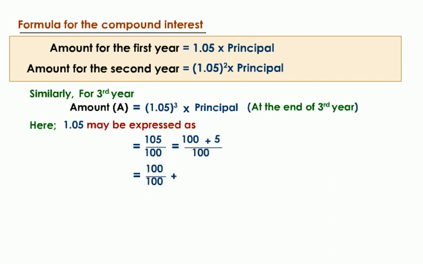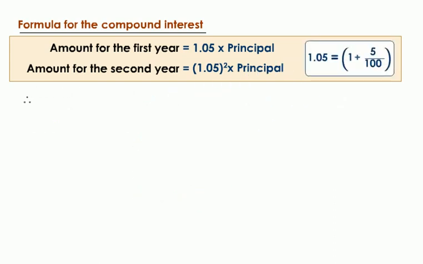Therefore, at the end of the first year, amount equals 1 plus 5 divided by 100 into principal.